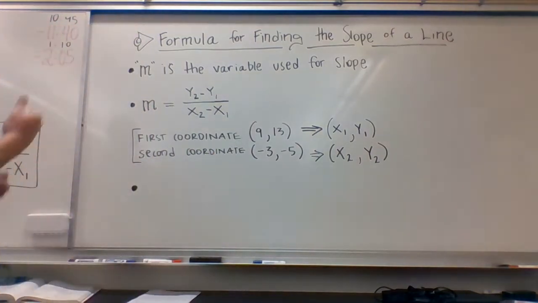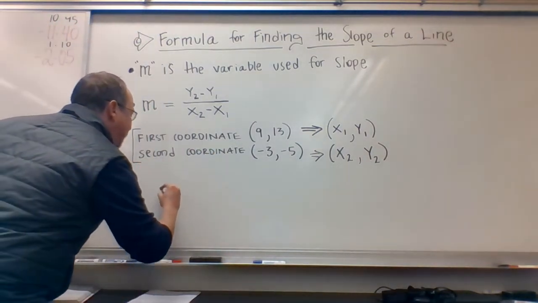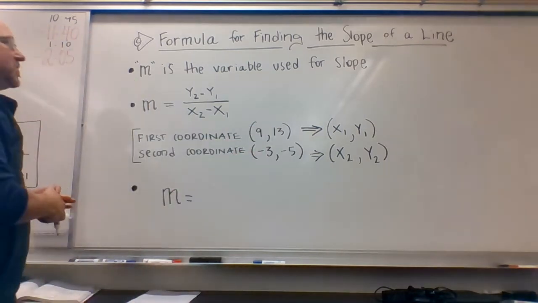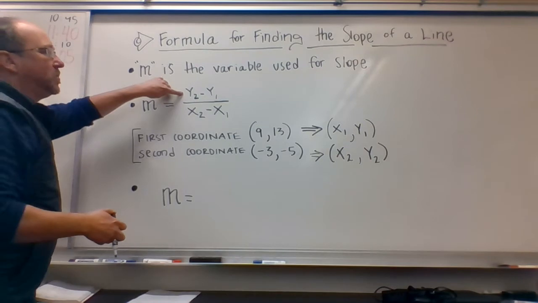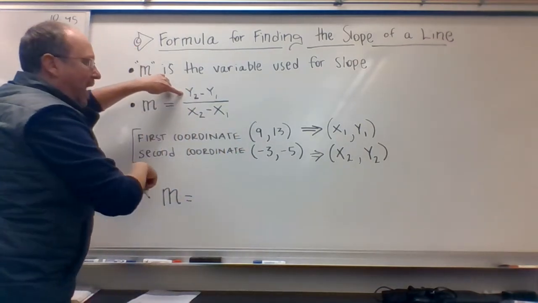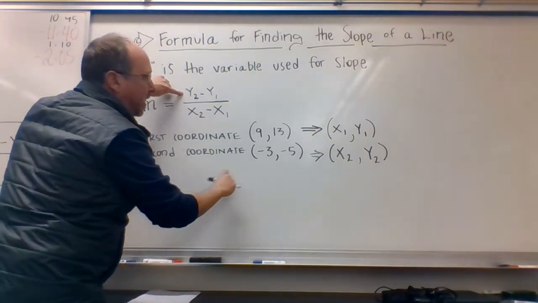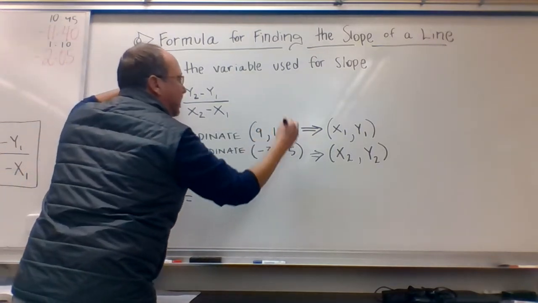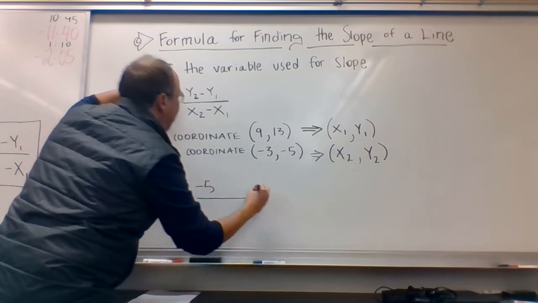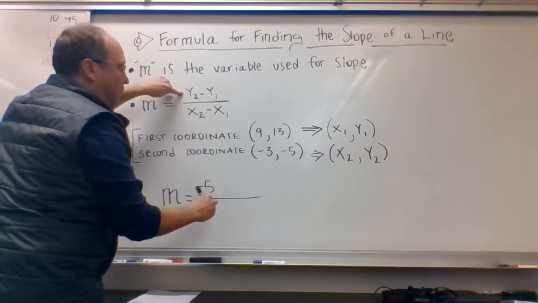So let's use this formula. So we're saying m, the slope of this line that passes through these 2 coordinates, I'm going to use the value y2, rise. So here's my second coordinate, x, y. So y is -5. And then minus y1.